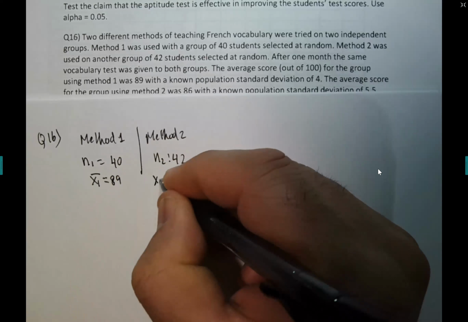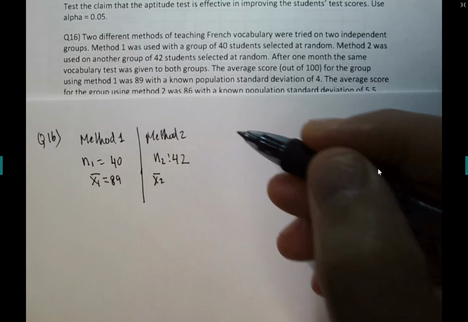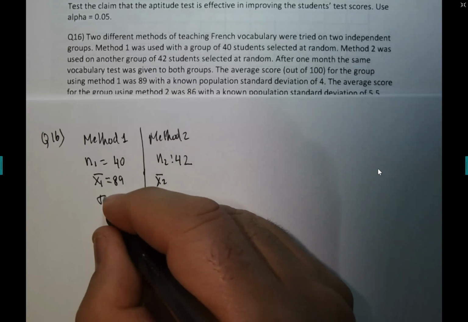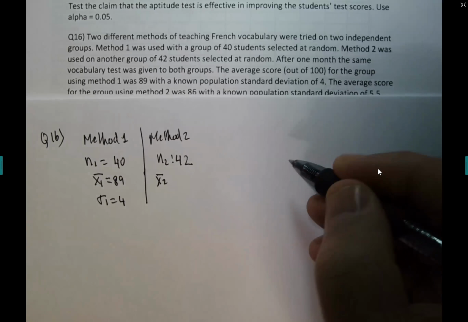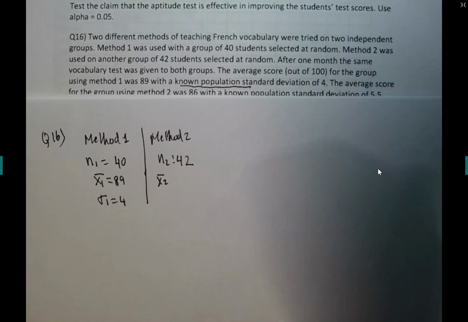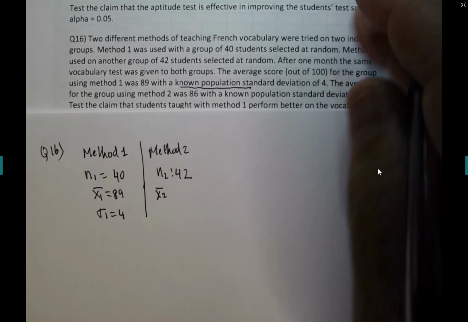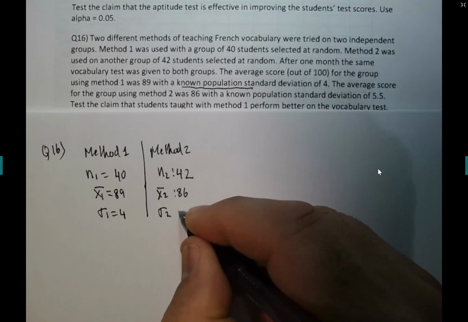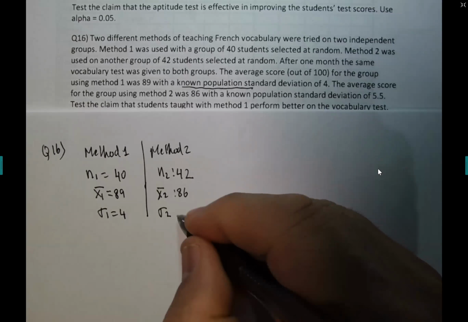And then he's going to give us the X2 bar as well, with a known population standard deviation, guys. So it's sigma 1. Look, this is the key word, population standard deviation. The average score for group 2 was 86 with a known standard deviation of 5.5.